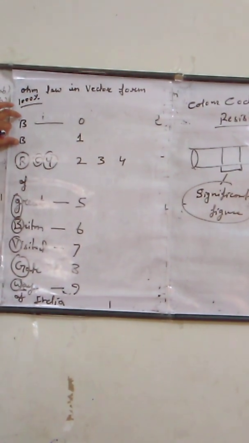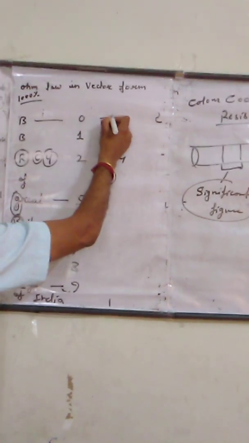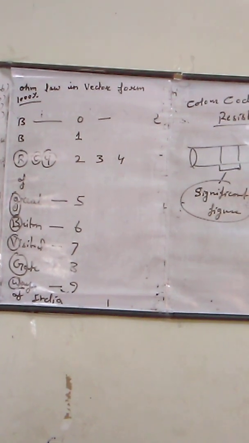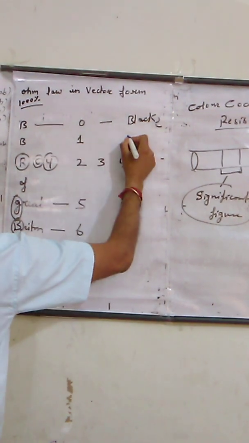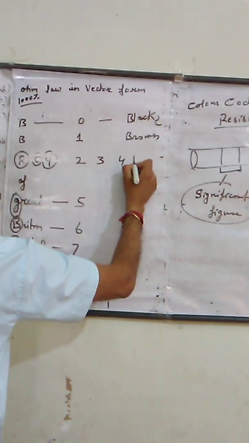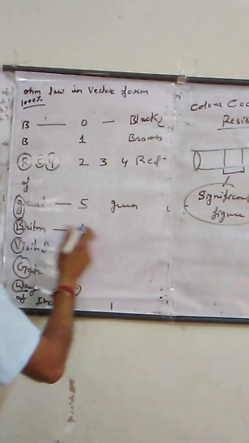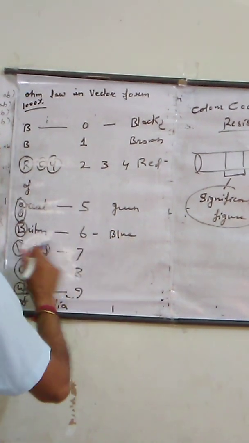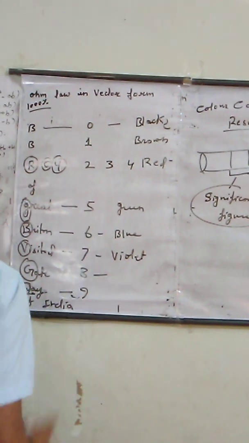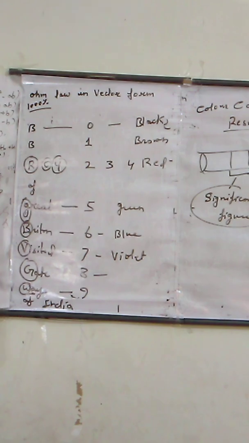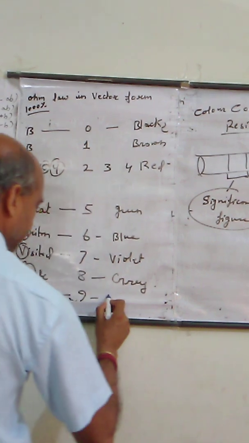And these letters also denote particular colors. The first B is for black, then the second B is for brown, then red, then orange, yellow, then green, then blue, then 7 is violet, then G for gray, then white.